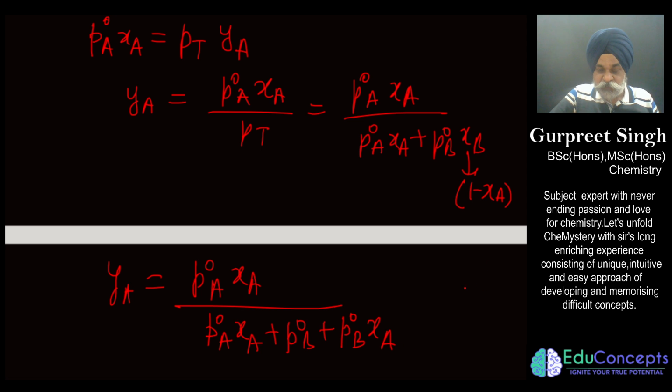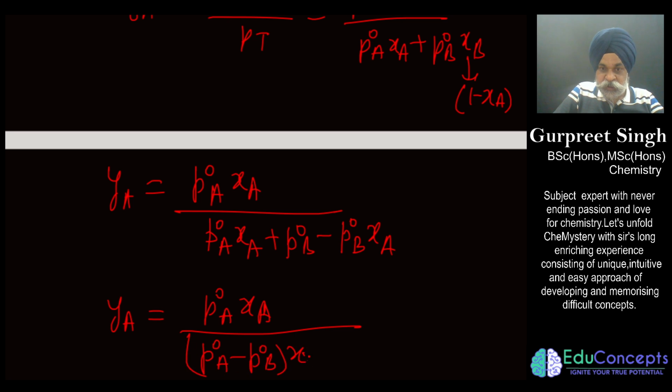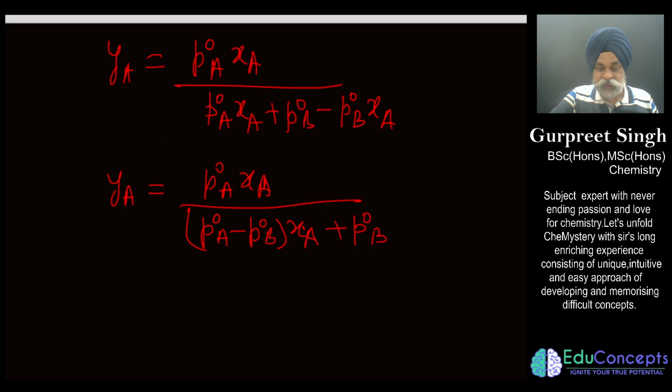So from here there should be a negative sign, and if I place it this way, YA is equal to P naught A XA upon P naught A minus P naught B XA plus P naught B. In some other video, I will show you another graphical way of interpreting these equations.